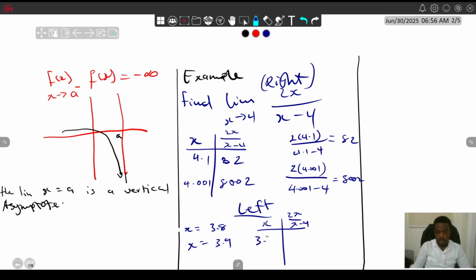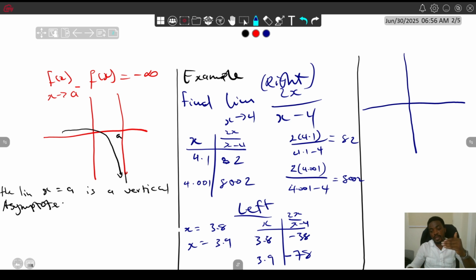For 3.8, going through the same computation as we did earlier, we have minus 38. And then for 3.9, we have minus 78. Again, as you can see, the value seems to be decreasing, and the further we go, the more we realize that the values approach negative infinity.